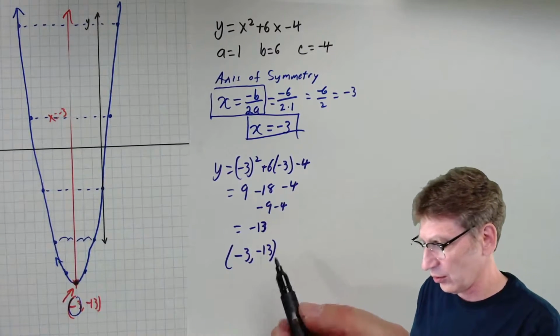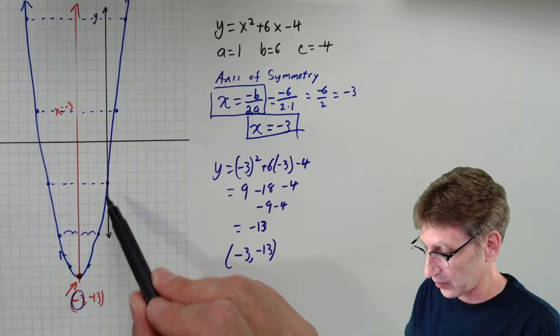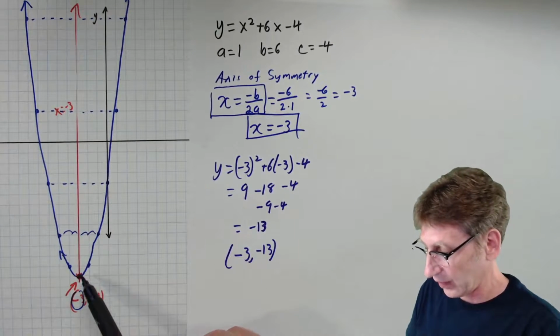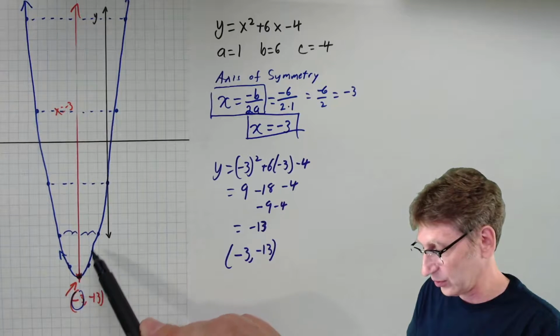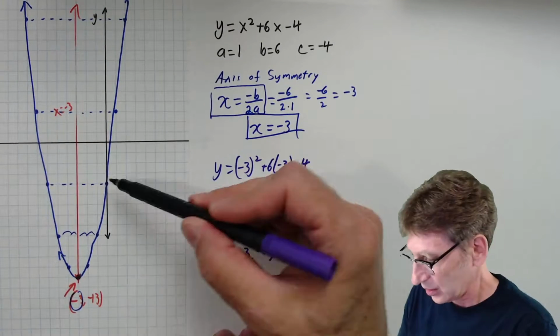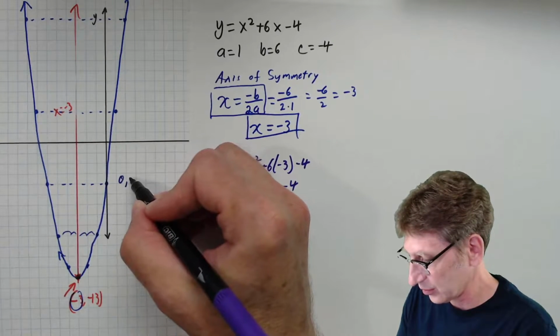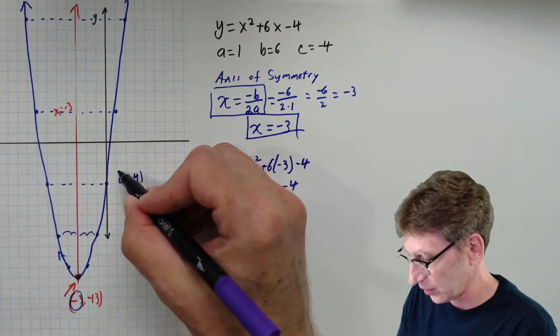Now we know, let's just start finding some values to the left or the right and then reflect them. If I find the values here at negative 2, negative 1, and 0, I can then reflect them on the other side. The y-intercept here is 0, negative 4.